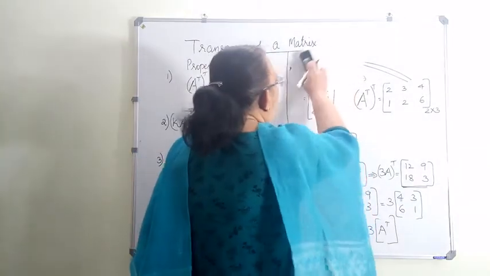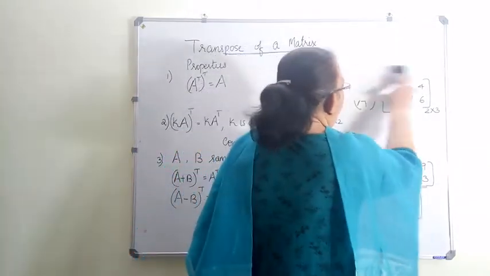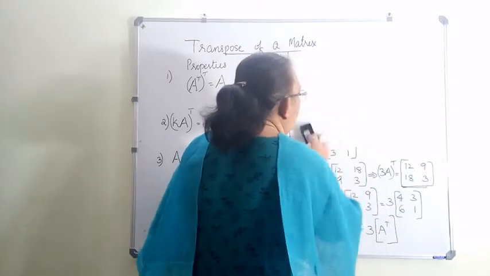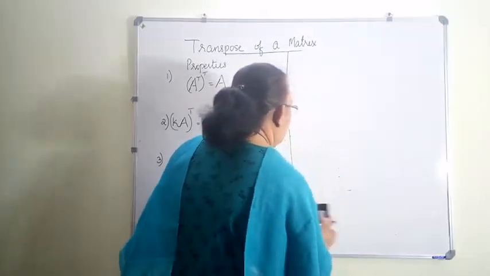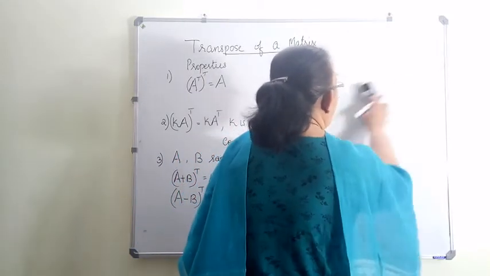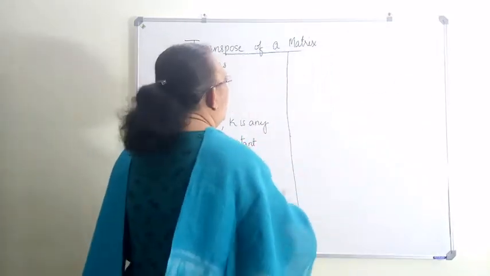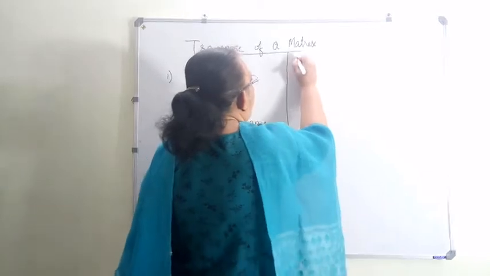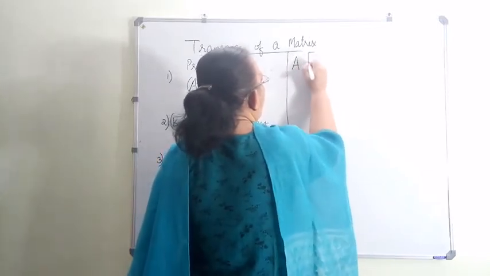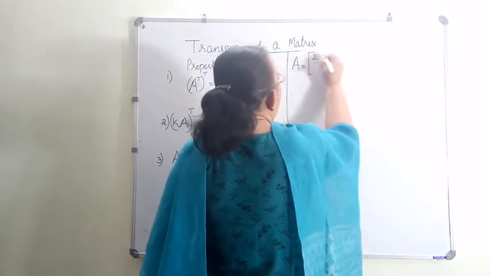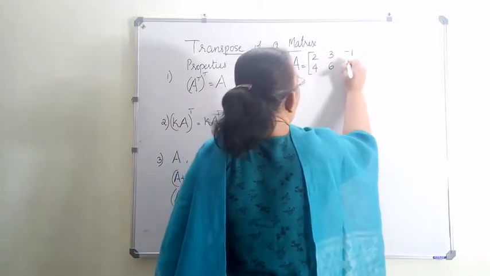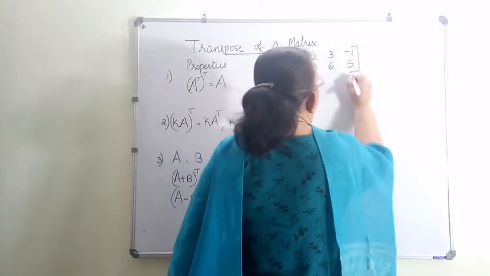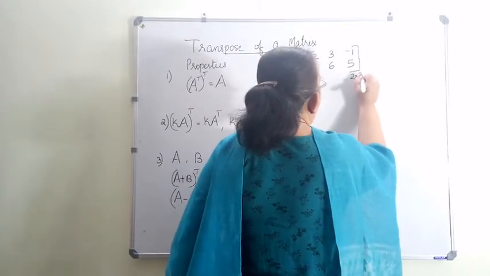So, examples are done on the right hand side. Now, let us consider A matrix equal to 2, 3, minus 1, 4, 6, 5 of order 2 by 3.